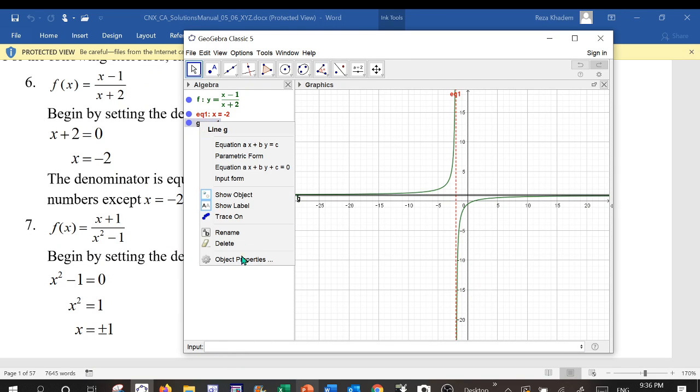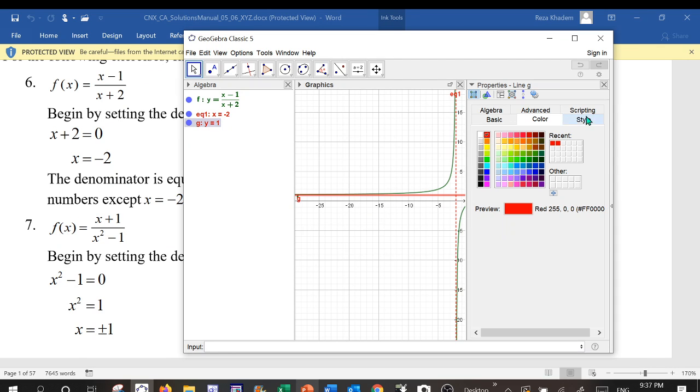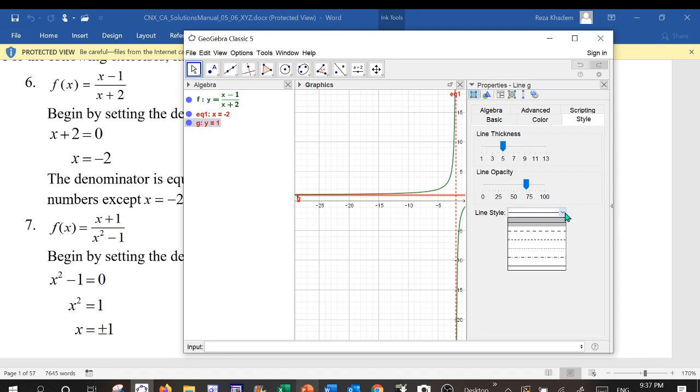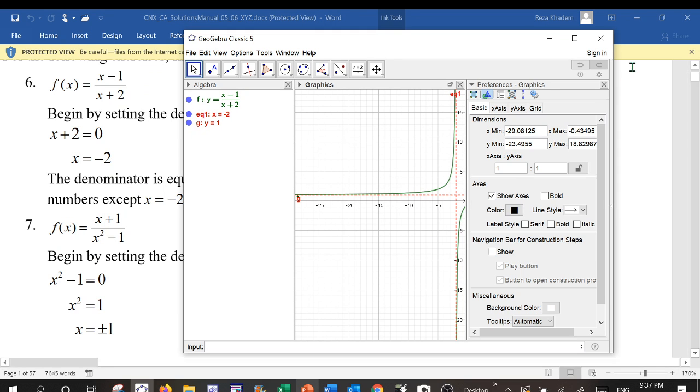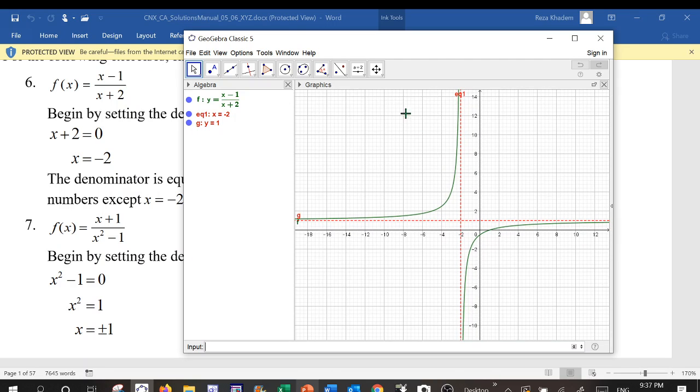And again, we do the same thing here to make it red and dotted, okay? Let's get rid of that. So notice that as you go to infinity, close to 0, this is what's going on. And the x-intercept, of course, is x minus 1 equals 0, so x equals 1, which is right there.